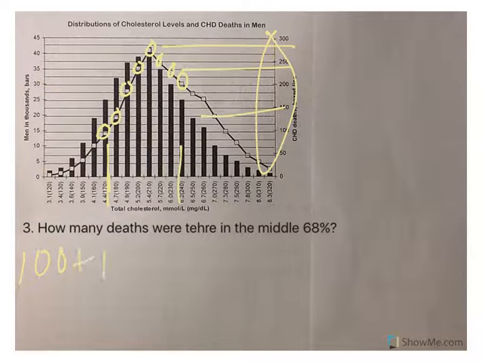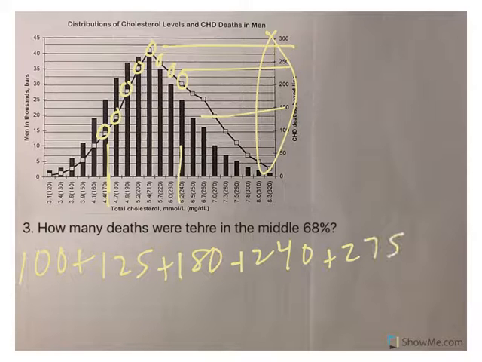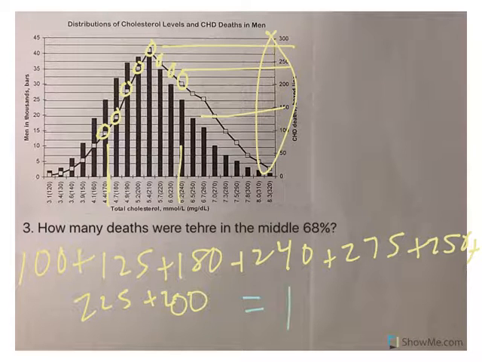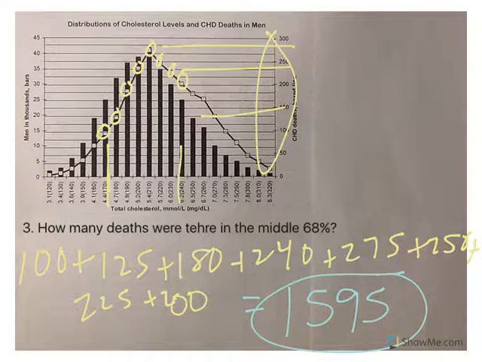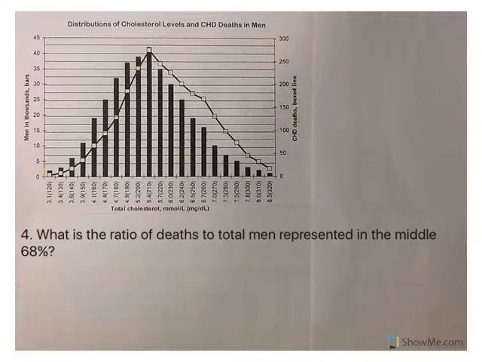So I used 125, 180, 240, 275, 250, 225, and 200. Again, you might be slightly different depending on how you estimated, but those are the numbers I used. And I got 1,595. So I approximated 1,595 deaths for the middle 68. So 68% represents that many deaths.